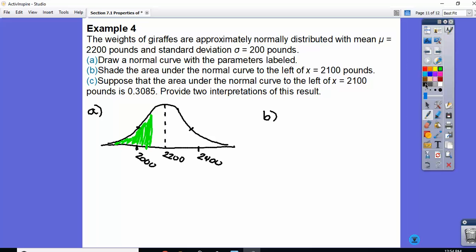Part C just says, suppose that the area under the normal curve to the left of my 2,100 is 0.3085. Provide two interpretations of this result.